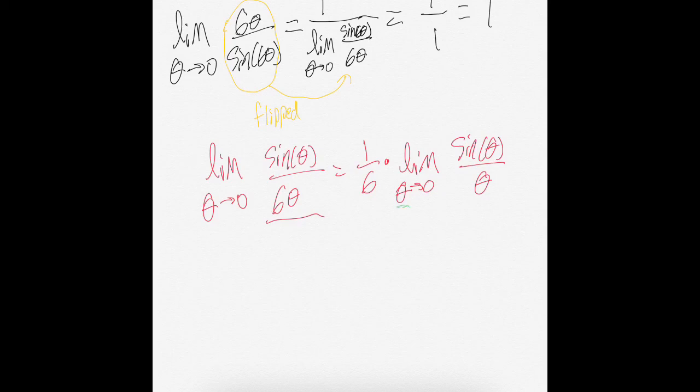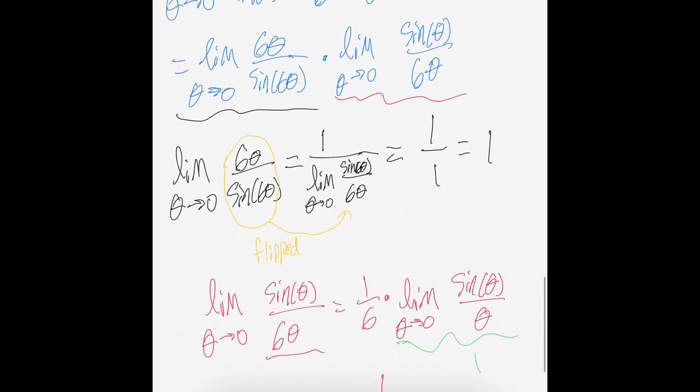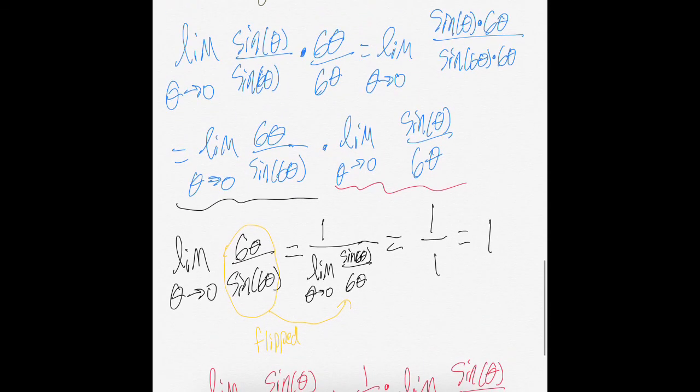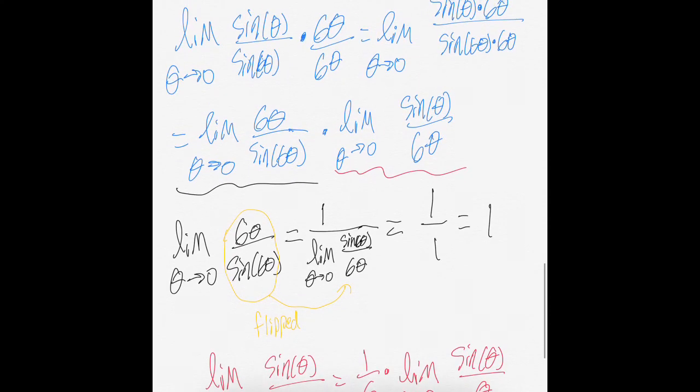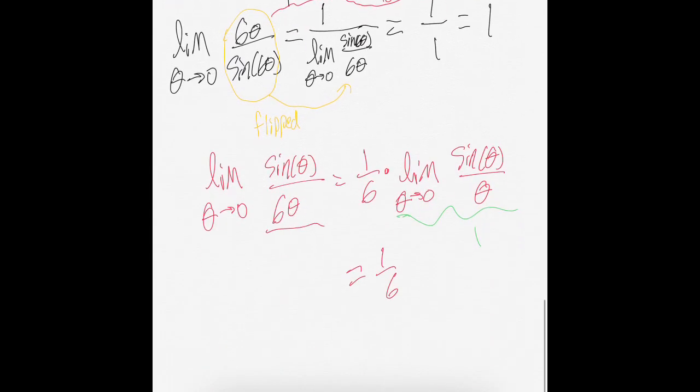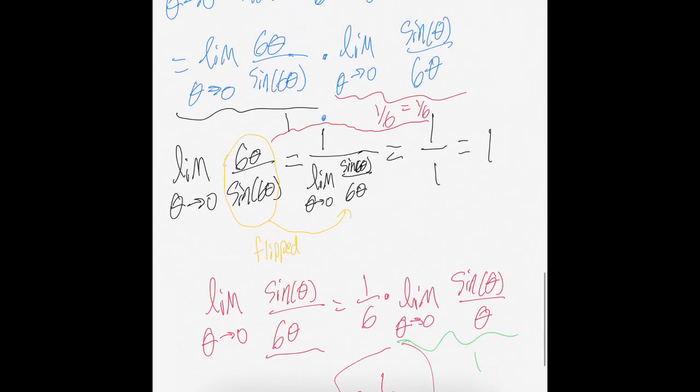And now I know that this second limit, sine theta over theta, is 1, which means this comes out to 1/6. So going back to where we were, our limit is actually just 1 times 1/6, and that is equal to 1/6. So that is our limit.